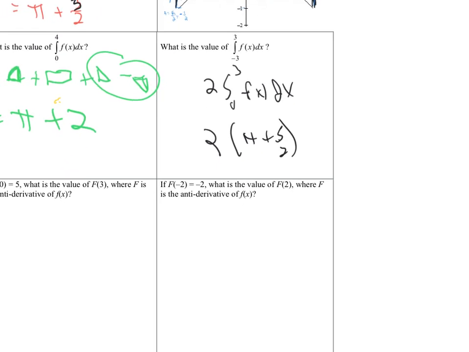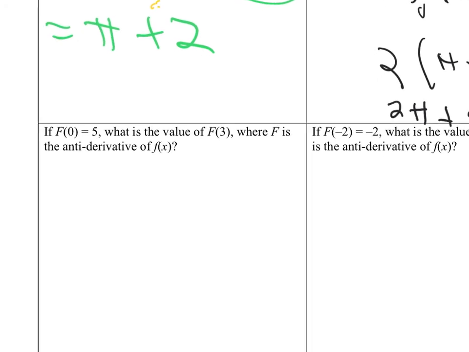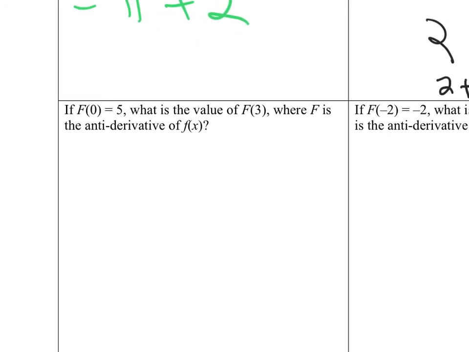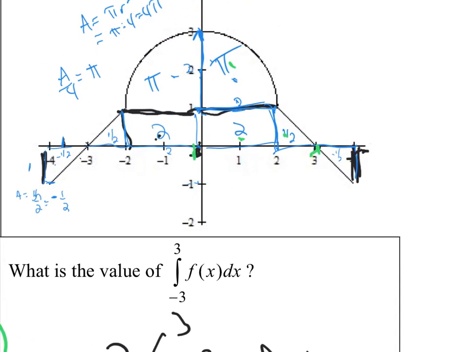You could leave that or call it 2 pi plus 5. If f of 0 is 5, now don't get hung up on what the picture is. It says if. It's purely hypothetical.